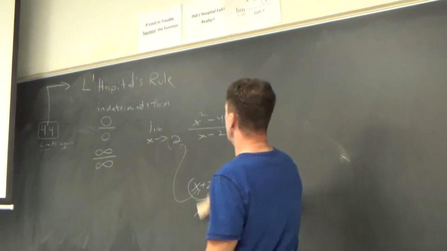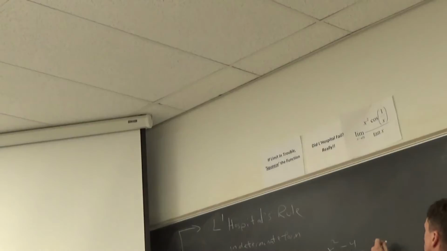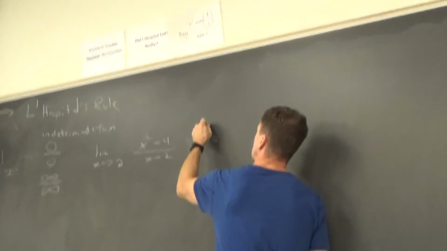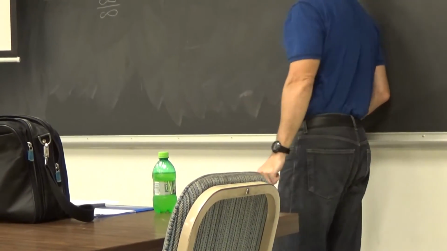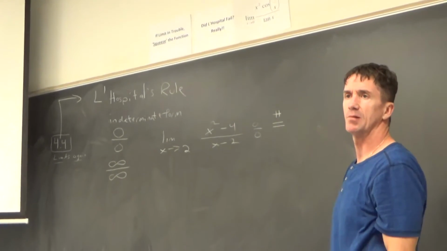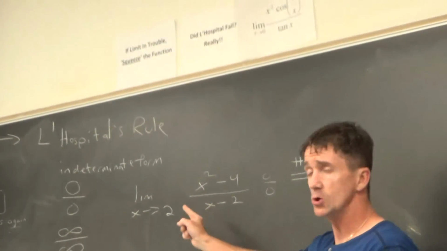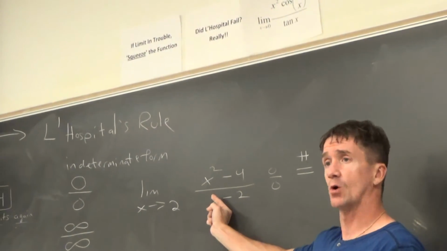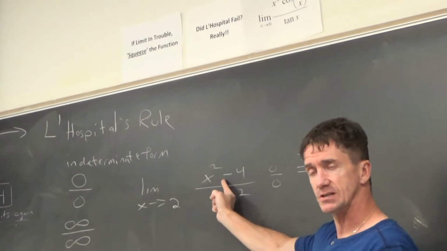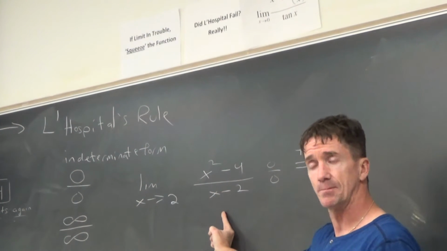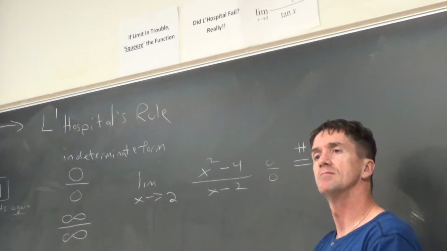He says this: if you get indeterminate form, you put an equal sign and an H, just to say I'm now going to apply L'Hopital's rule. Don't do quotient rule. This is easier than quotient rule. Just differentiate the top and differentiate the bottom and plug it in again.